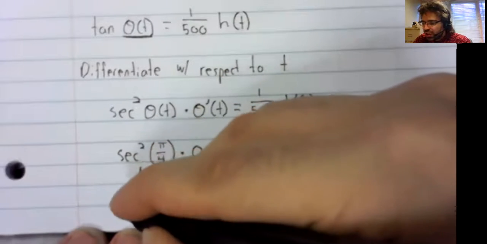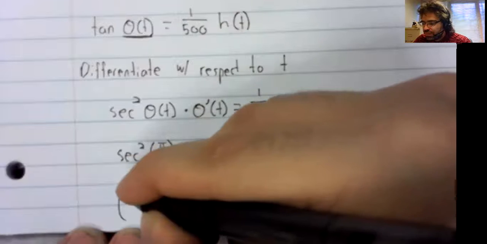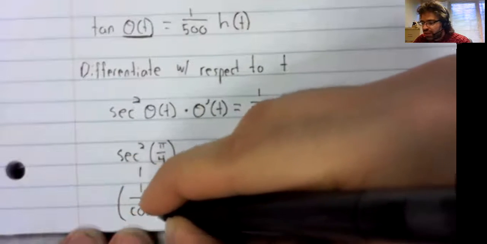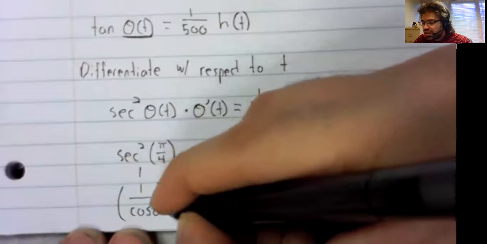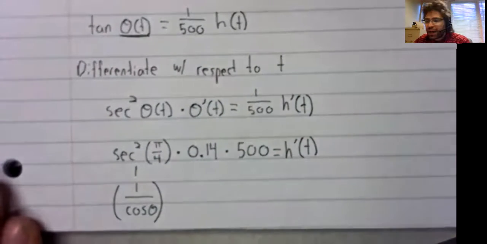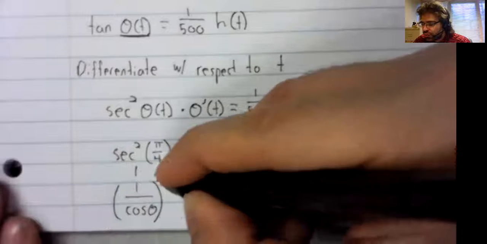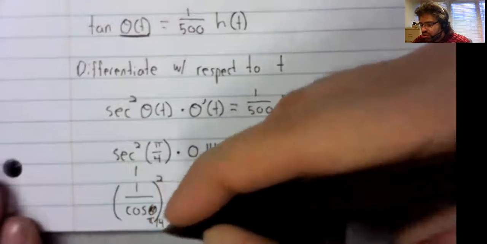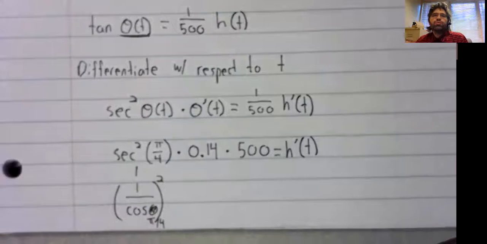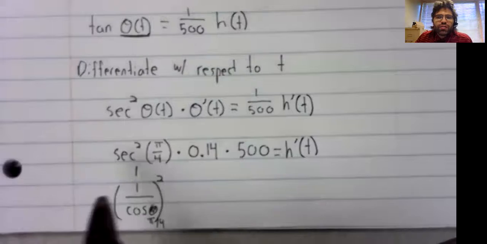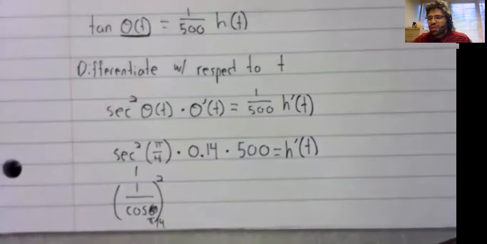Your calculator will not have a secant button. It might be hiding somewhere in a menu, but it will have a cosine button, and the secant is 1 divided by the cosine.